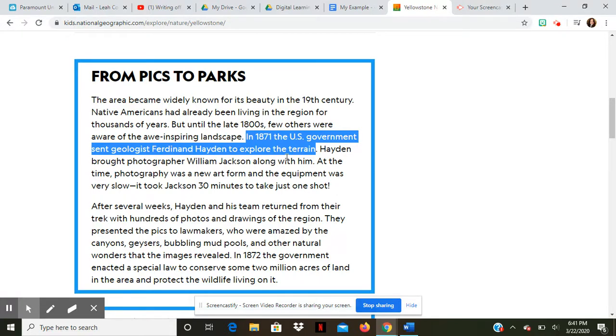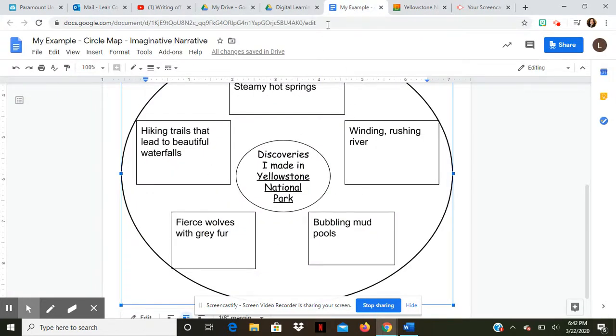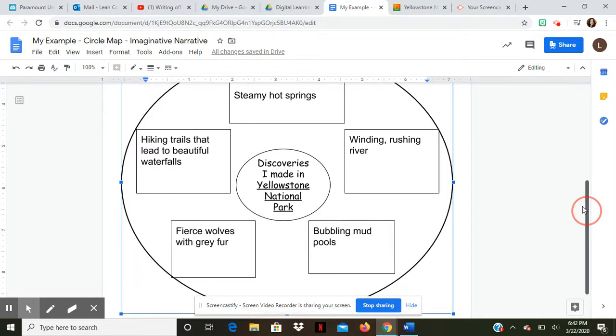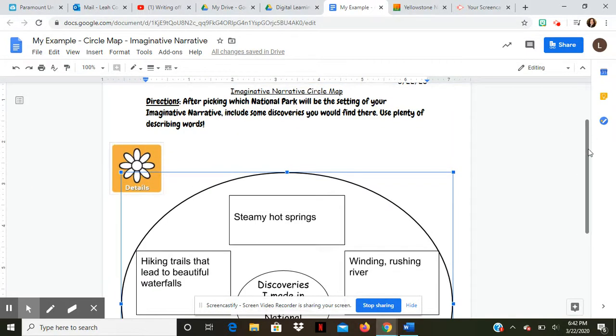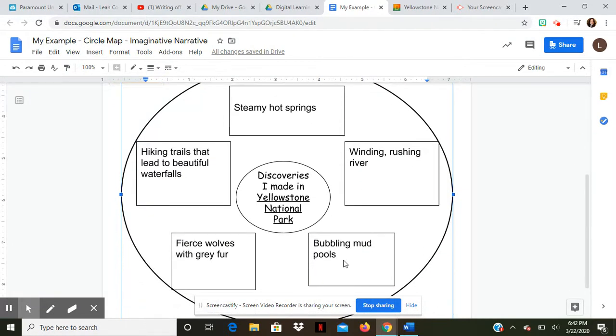Does that sound like something you would discover? So remember, if it doesn't make sense, redesign. Look for a discovery that you would make on your trip to the national park that you chose. Okay, can't wait to see what you all come up with and miss you all.